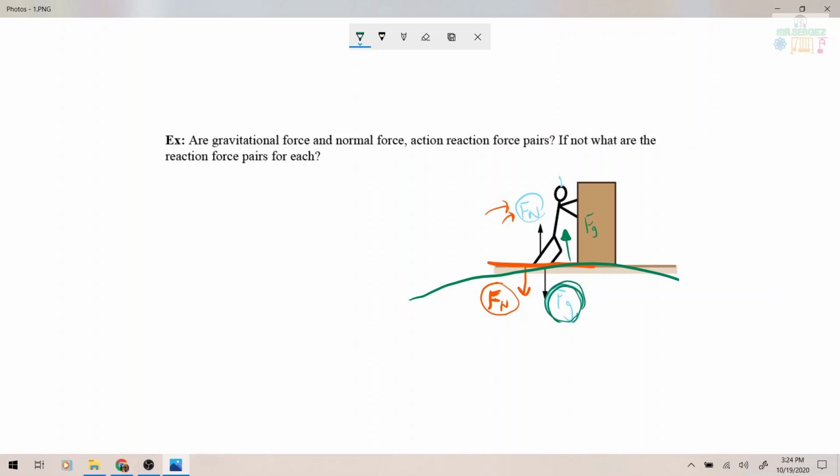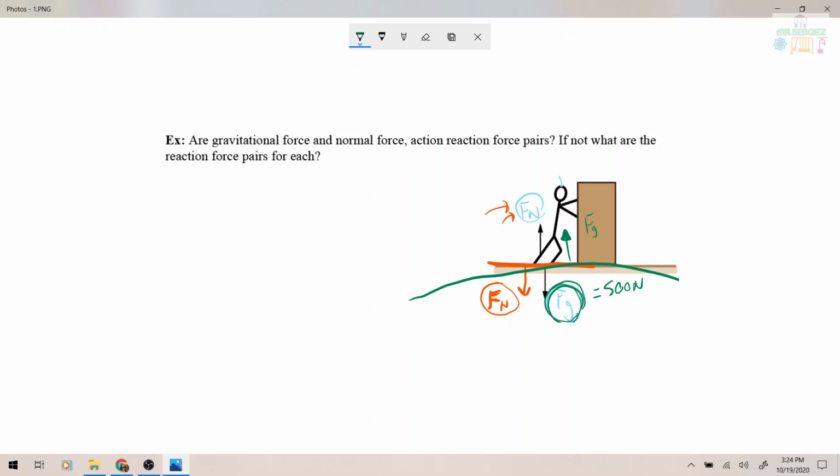Say this person is around 50 kilograms. Applying 500 newtons of force on a person is a remarkable force, and you cannot neglect it.